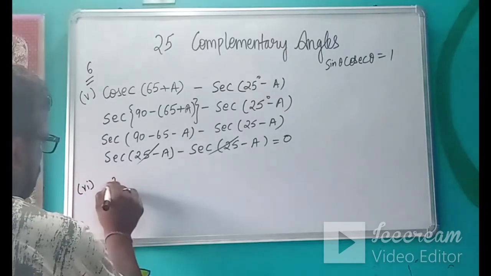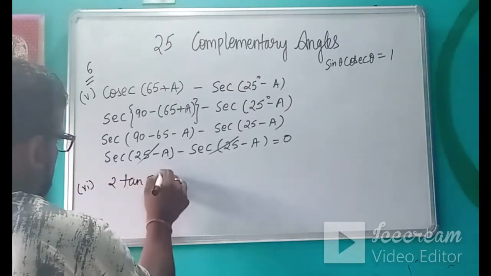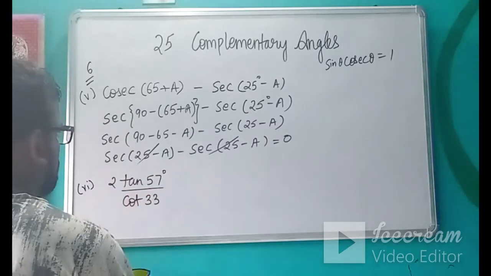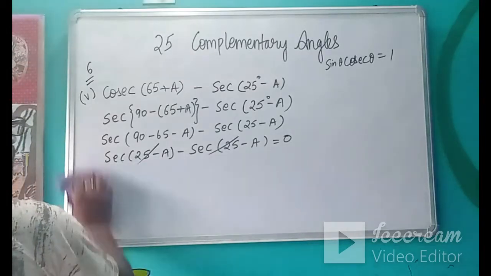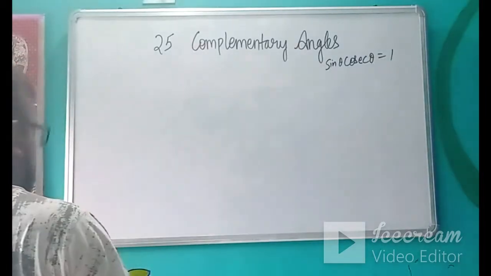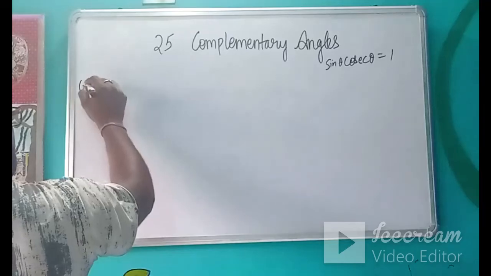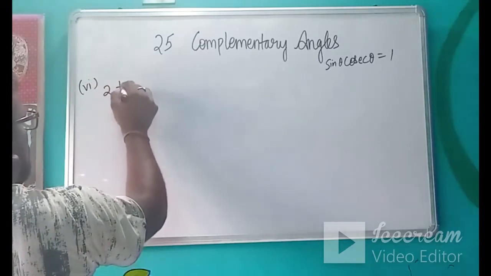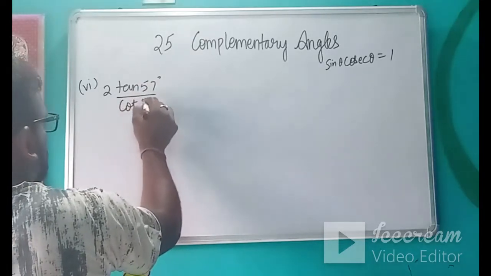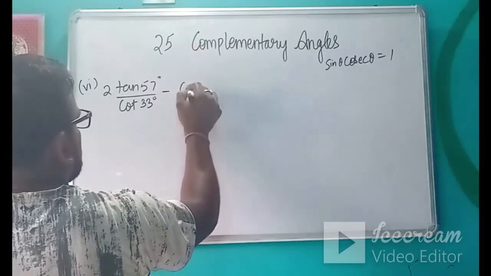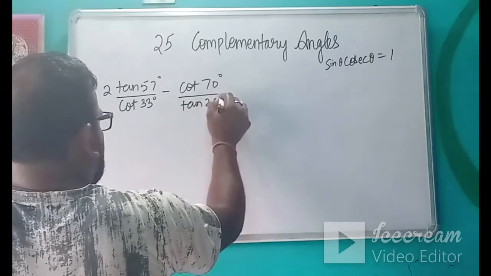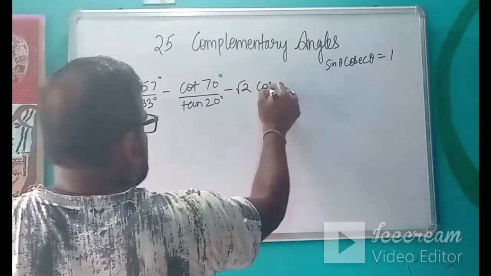The confusion was there in the previous exercise, so let's see this. tan 57 degree cot 33 degree minus cot 70 degree upon tan 20 degree minus root 2 cos 45.